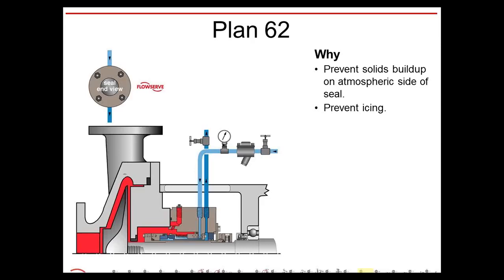Conversely, if you had a very, very hot hydrocarbon, let's say like asphalt or something that cokes up really bad as it leaks, you'd have that tarry debris just inside the seal, right at the interface of the two faces. You apply this Plan 62 steam flush, and it will push away and wipe away a lot of that debris, and collect it and carry it on down to the drain.